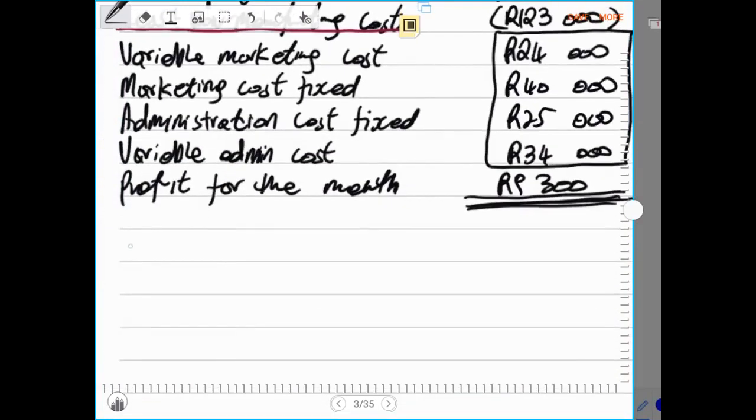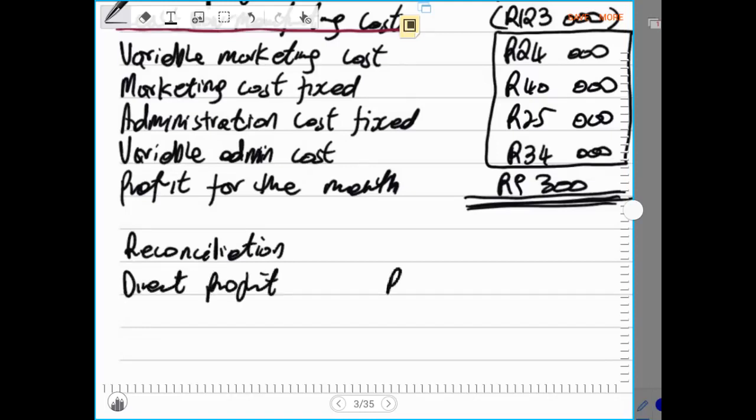Just to add the part of the question that was not required, reconciliation is something that is very important in this topic. A reconciliation of the two profits. We'll normally have the direct profit, and our direct profit will be 1,800.